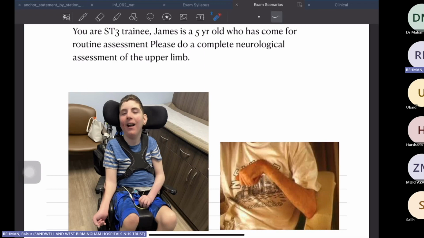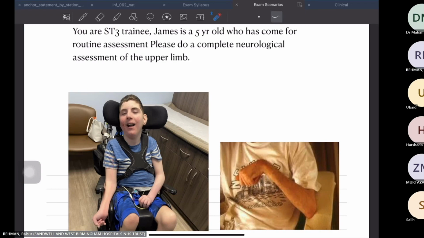When you palpate the muscle bulk for the tone, in this area it's a bit stiff, but the muscle bulk is small. The tone is spastic, it's stiff.